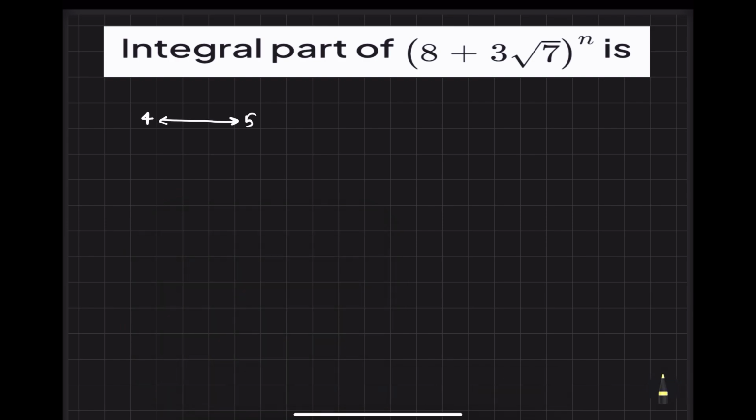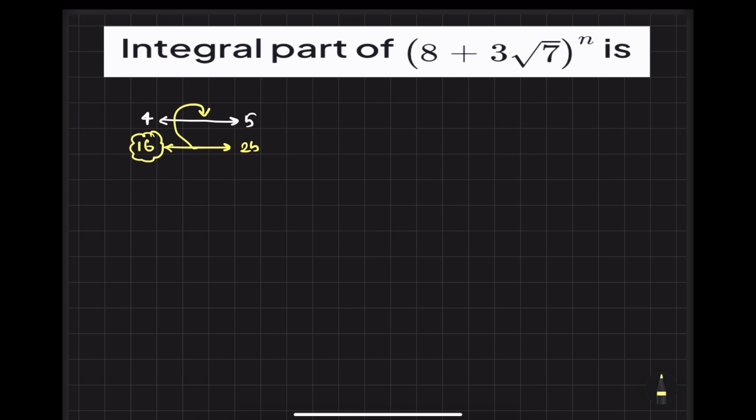If you find the square, I become 16 and you become 25. Now look at the gap. So the gap got increased, correct? So if the squares have big gaps, then if I talk about their roots, the gap will become smaller, correct?